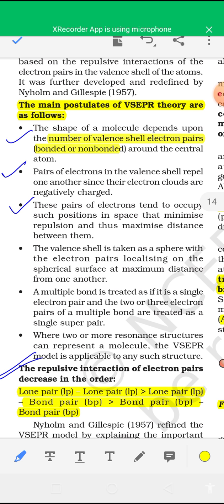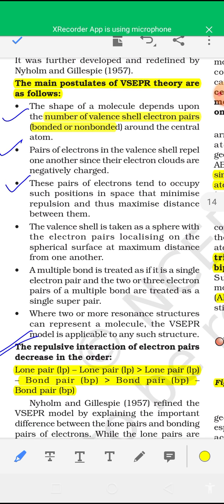And next point, these electron pairs tend to occupy such positions in space that minimize the repulsion and thus maximize the distance between them. So these are a few postulates of valence shell electron pair theory.